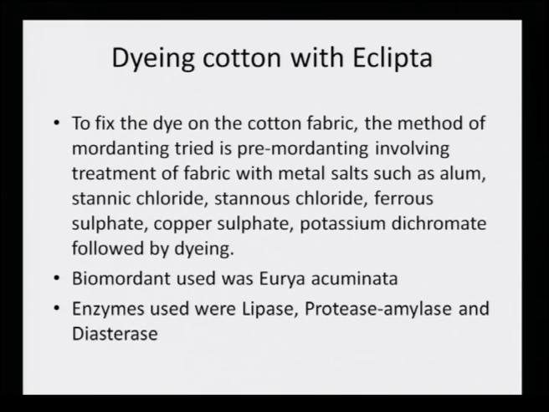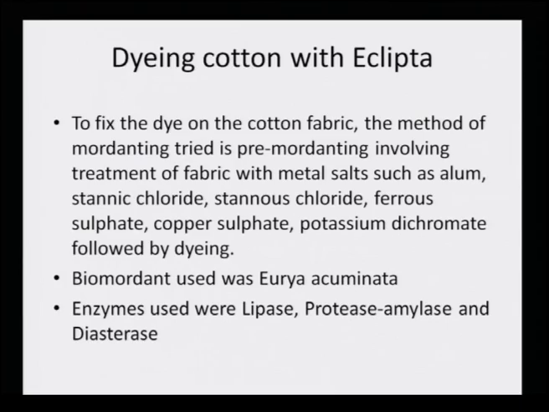Or we can use a biomordant such as Urena acuminata, and we know that in Urena acuminata there is a sufficient amount of aluminum, or we can use enzymes such as lipase or protease amylase combination or diesterase. So, these are some of the mordanting methods that we applied.